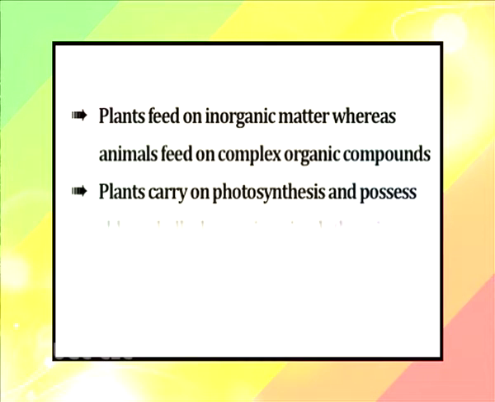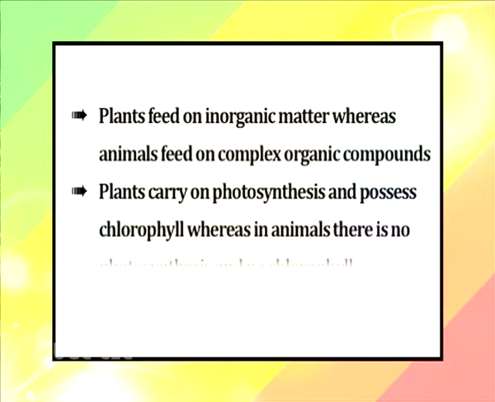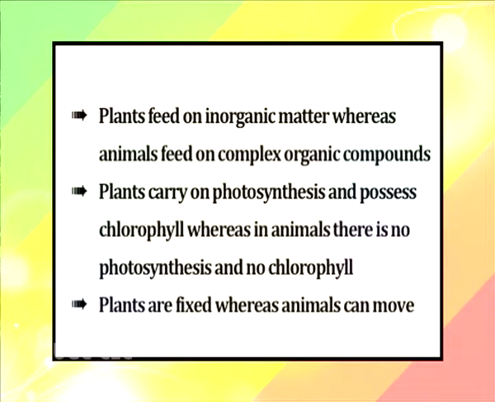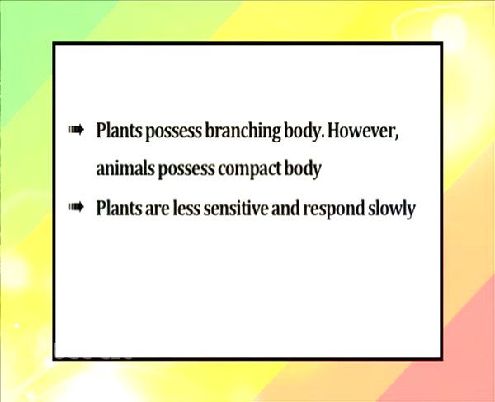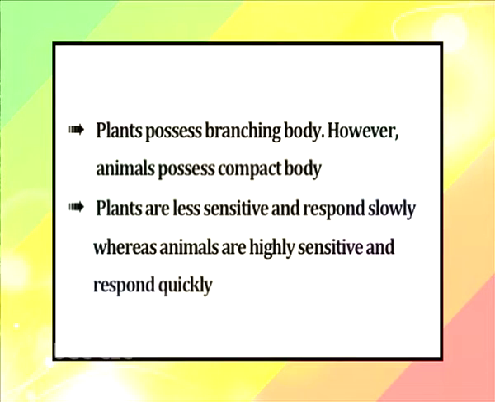Plants carry on photosynthesis and possess chlorophyll, whereas in animals there is no photosynthesis and no chlorophyll. Plants are fixed, whereas animals can move. Plants possess a branching body, however the animals possess a compact body. Plants are less sensitive and respond slowly, whereas animals are highly sensitive and respond quickly.